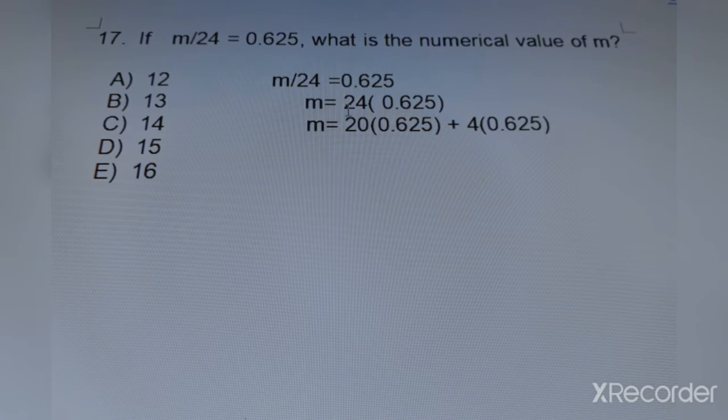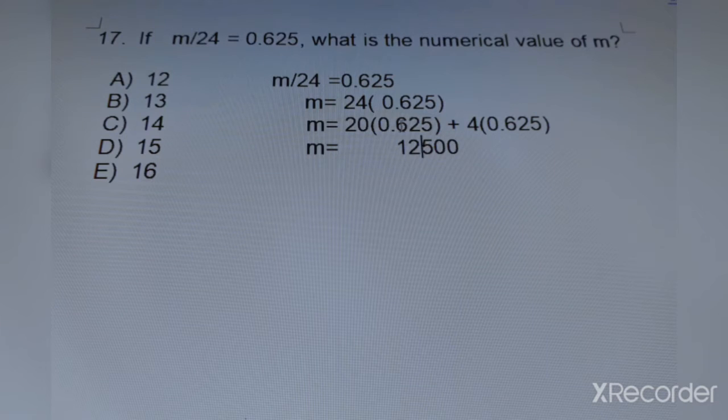Okay, so m is, 20 times 0.625, just copy 0. Then 2 times 5 is 10. Then 2 times 2 is 4 plus 1 is 5. And then 2 times 6 is 12. So 12.